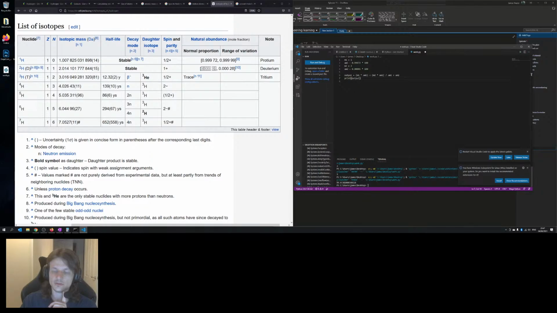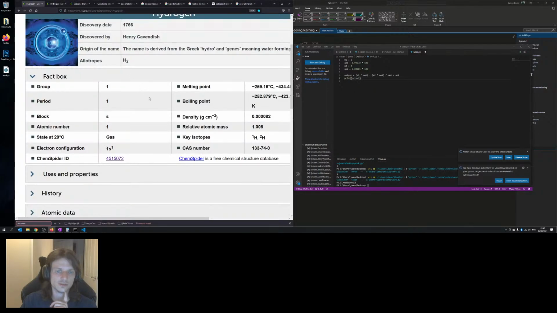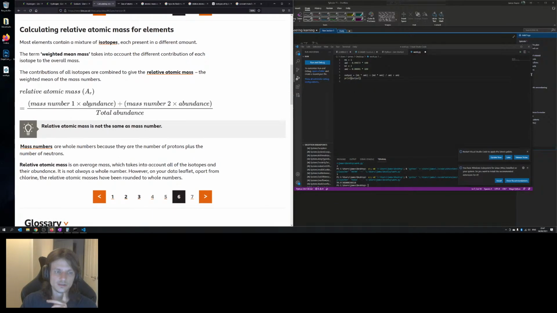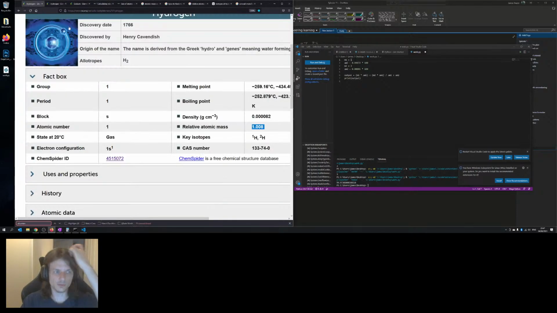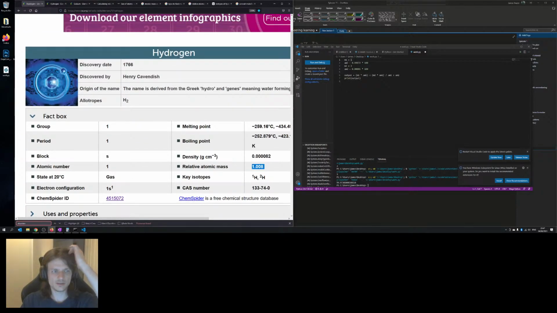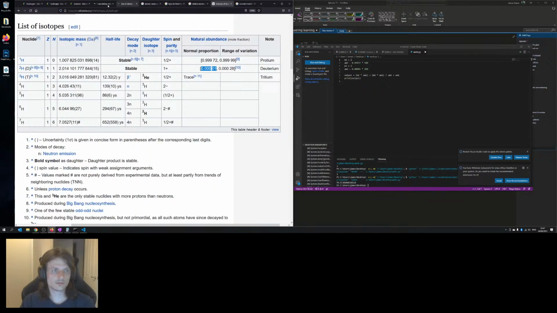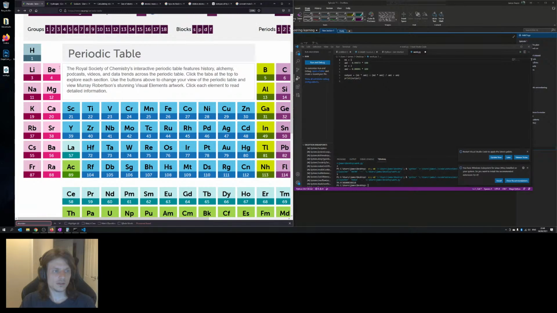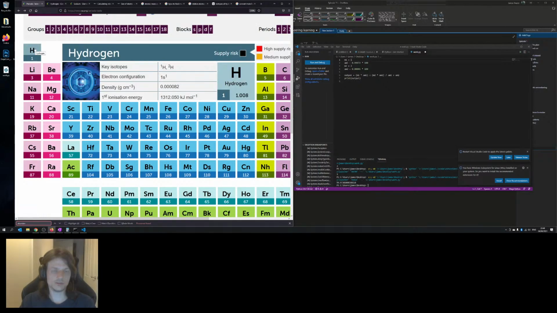So the output is 100, but that is not right. I've done something silly. Mass number 1 times abundance. The mass number 1 is... it's 1 and 2.